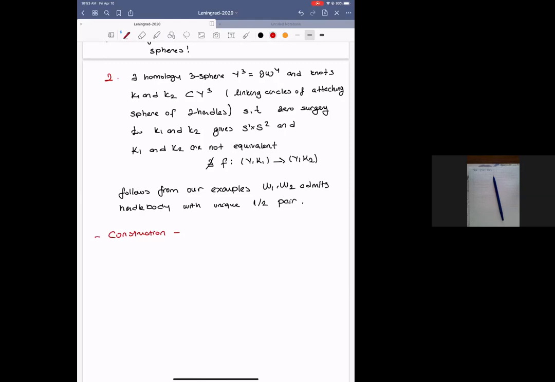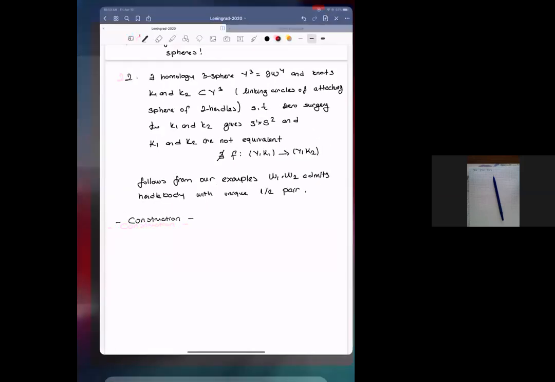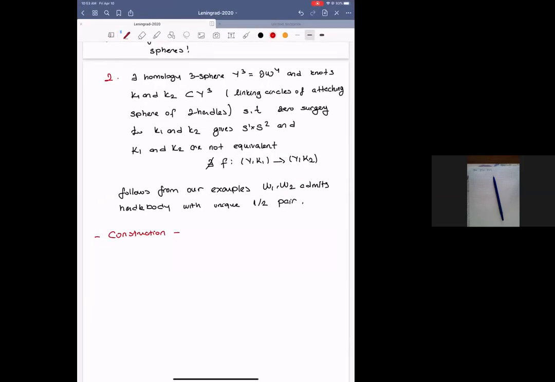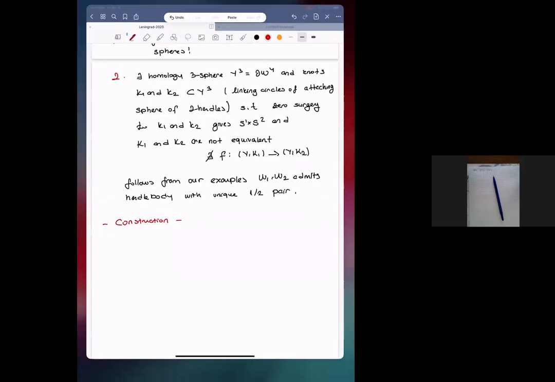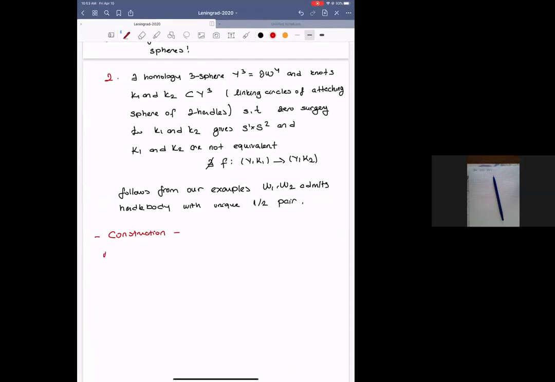But before I do that, I need to say a tiny bit about the concordances, because it has a lot to do with the concordances. Is there any questions so far? Am I going too fast?